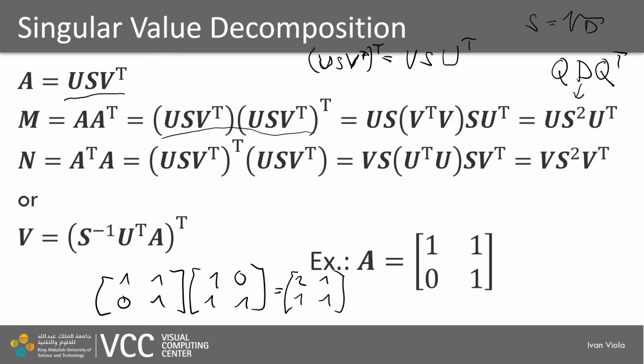We actually end up in the same matrix A from the previous example of the eigenvalue decomposition.